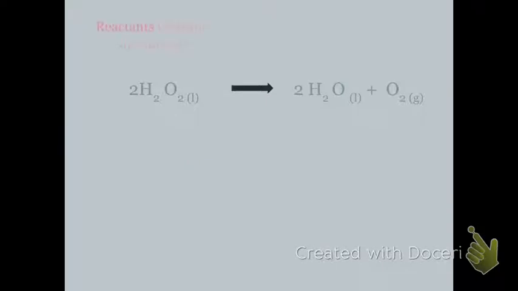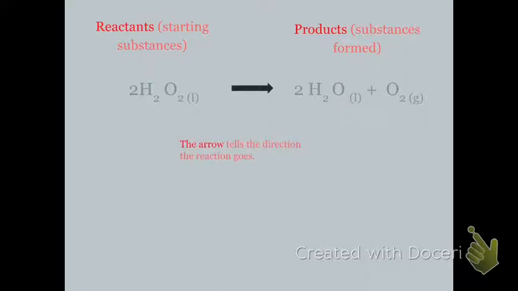Here's your basic chemical equation. This is what we call the decomposition of hydrogen peroxide. We have the reactants on the left, products on the right. In the middle is called a yield sign. So that arrow here is the yields. And then the other piece of information you can get from the chemical equation is the state of matter.